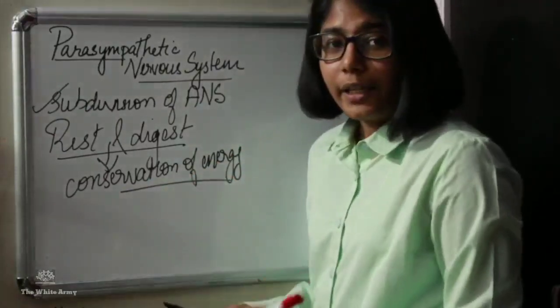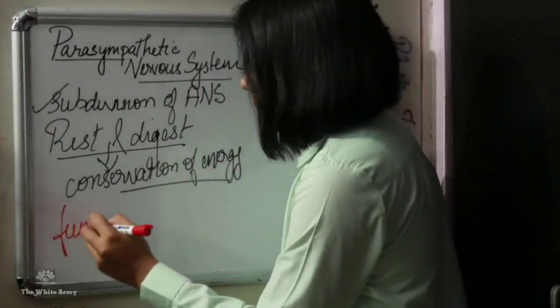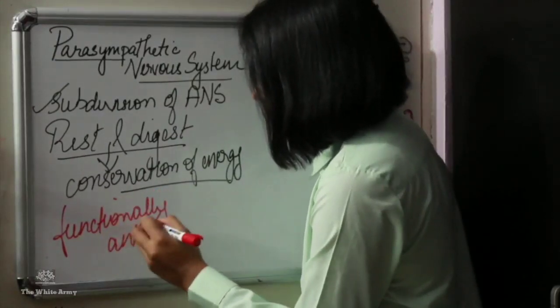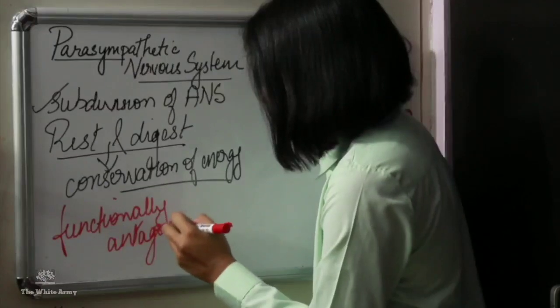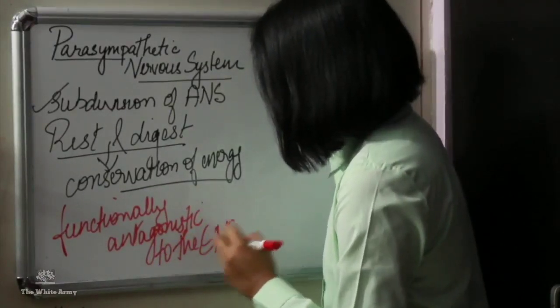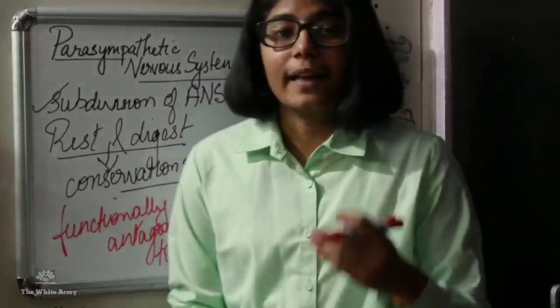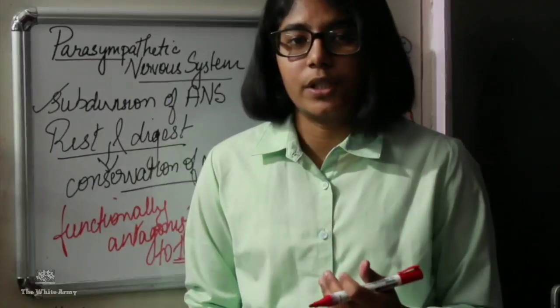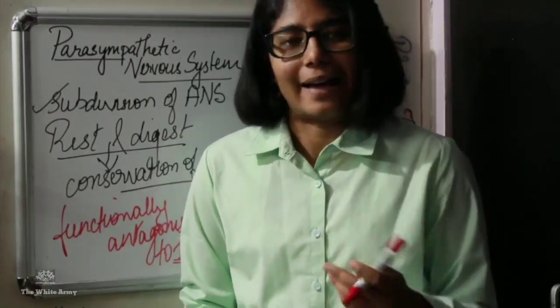And the parasympathetic nervous system is functionally antagonistic to the sympathetic nervous system, which means that the effects the parasympathetic nervous system produces are quite the opposite of what the sympathetic nervous system has on the body.